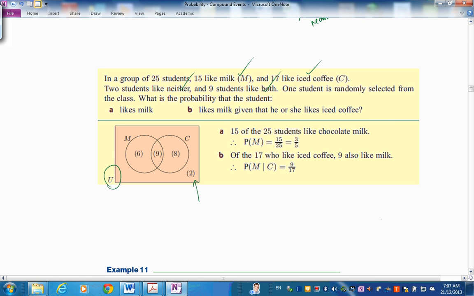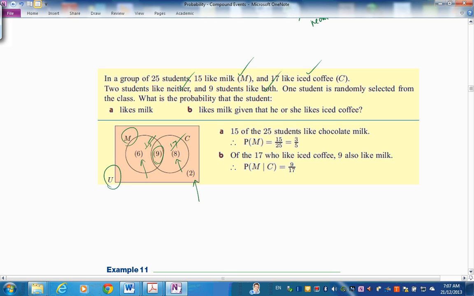So 2 are outside M and C. 15 like milk, M for milk, so there should be 15 there. I'll write 15, and 17 like iced coffee. But 9 like both, so in the middle, I'll take 9 away from 15 and get 6, and take 9 away from 17 and get 8.